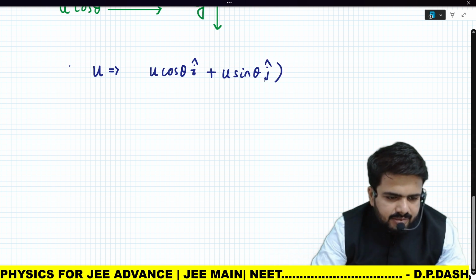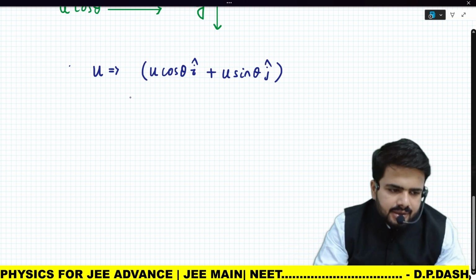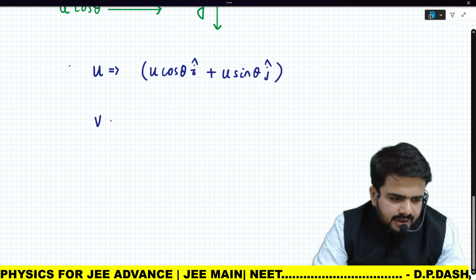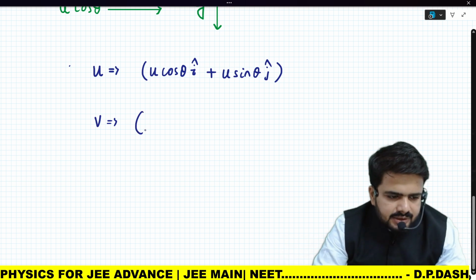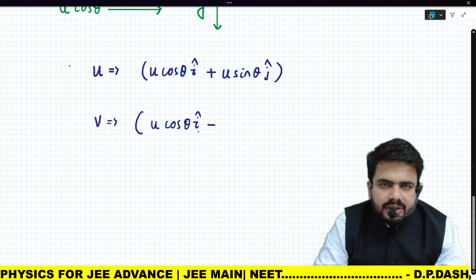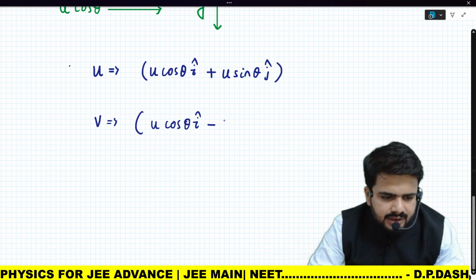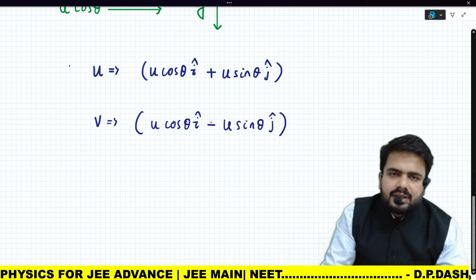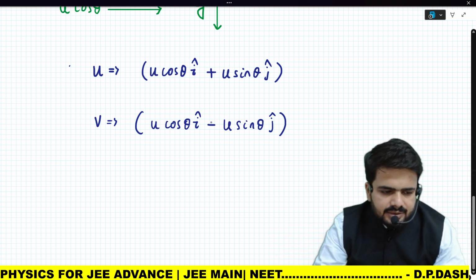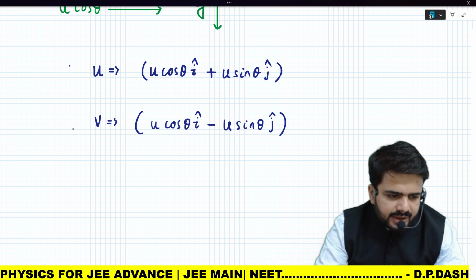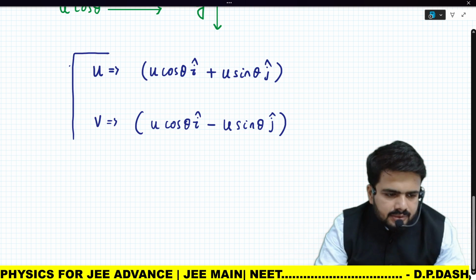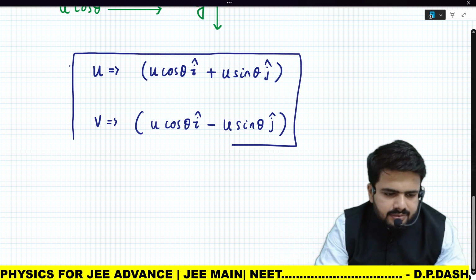This is the initial velocity of the projectile. So what would be the final velocity with which it will strike? The final velocity is u cos theta i cap, because this horizontal component is not going to change, it remains constant, and the vertical component becomes u sin theta minus u sin theta j cap, because the vertical component changes its direction. Okay, so this is how the velocity shows its variation.